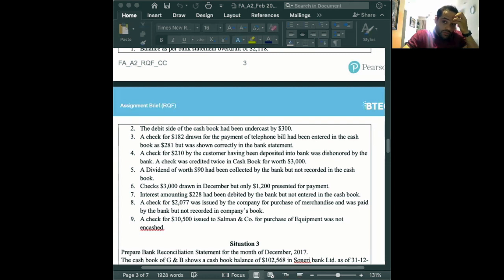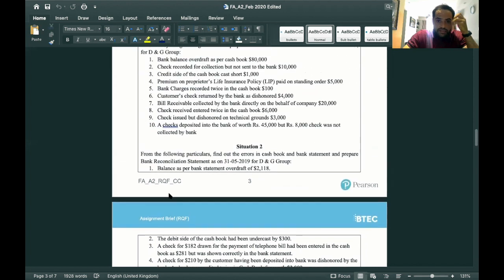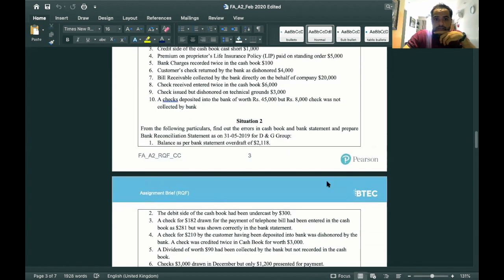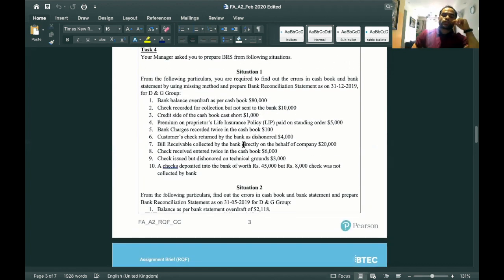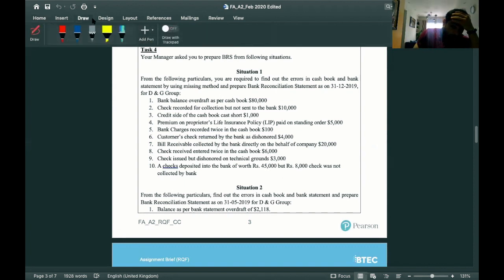That's your situation 2. Can you see that? Assignment situation 2? Yes. Situation 2 is different compared to situation 1.